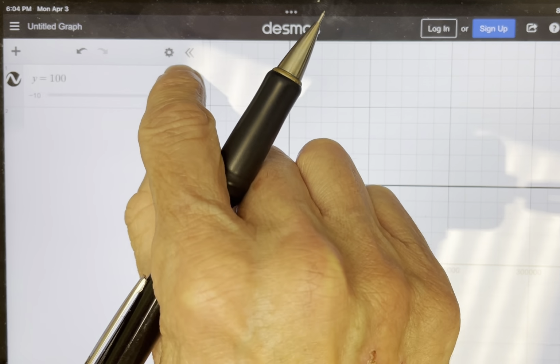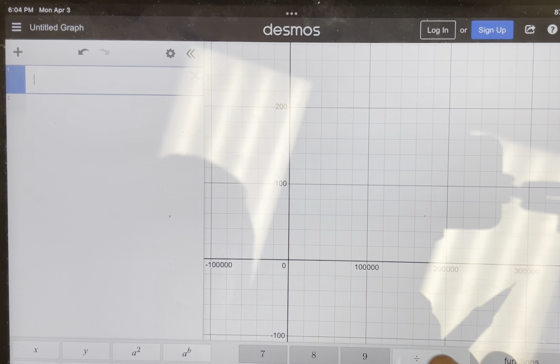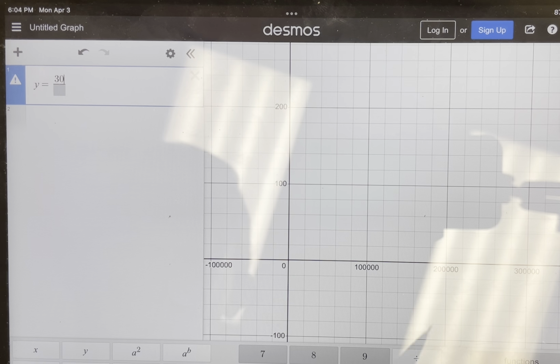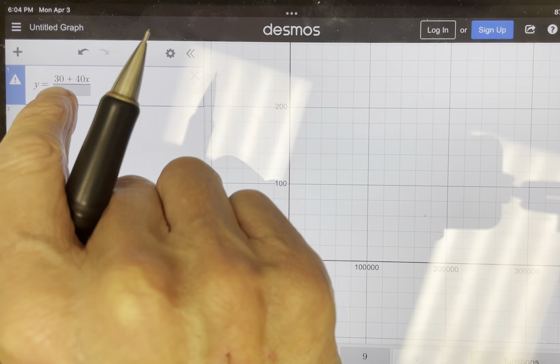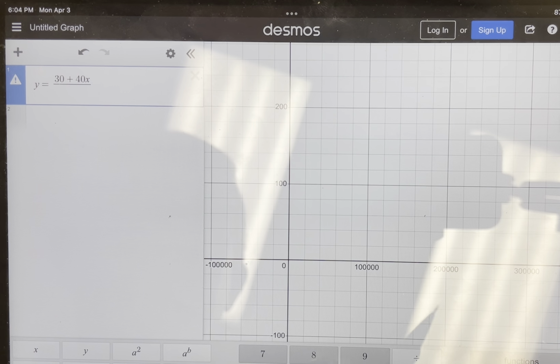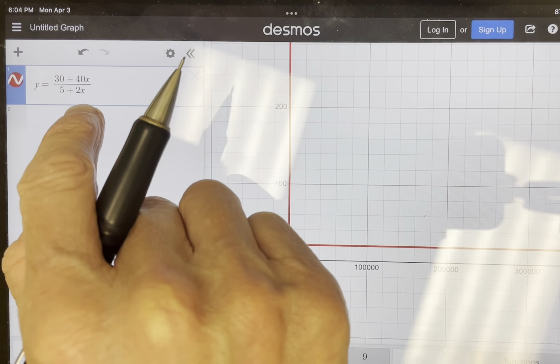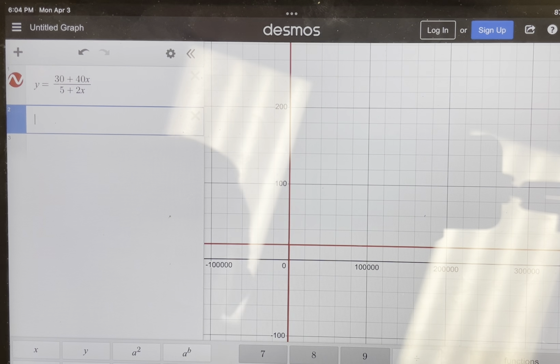Y equals, we'll do left side, right side: 30 plus 40x over 5 plus 2x, and then the right side, y equals 10.